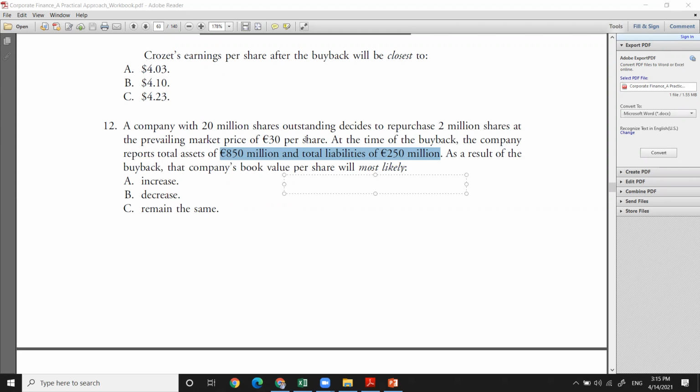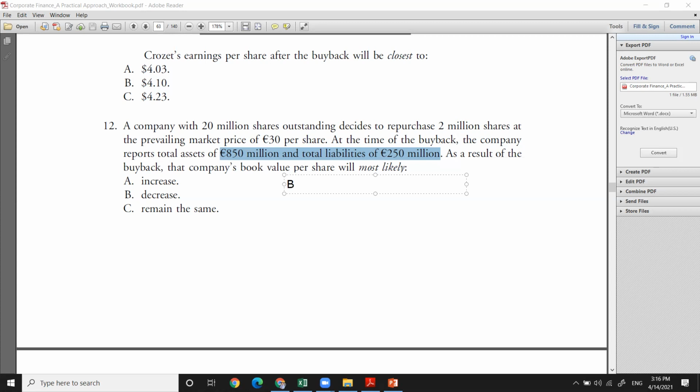So we need to find the book value of the equity mainly. Total assets is given and total liabilities is given. How can we find it? Book value of equity is total assets minus liabilities, from the accounting equation.